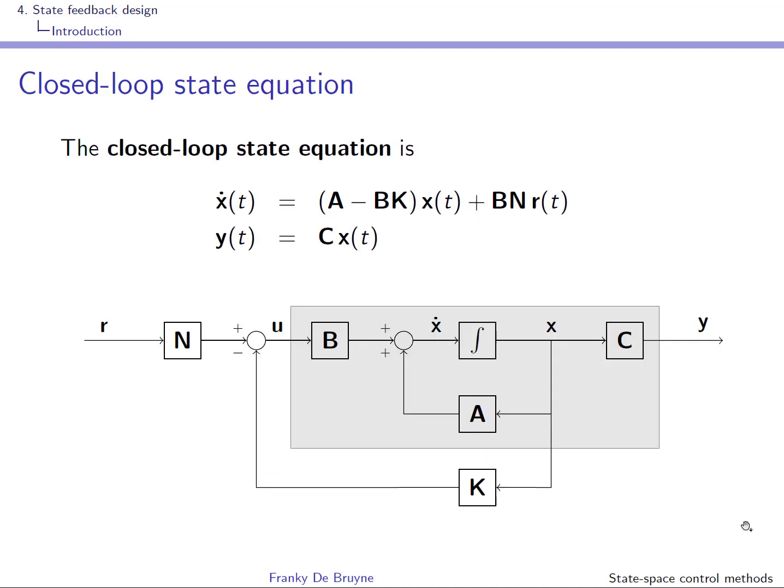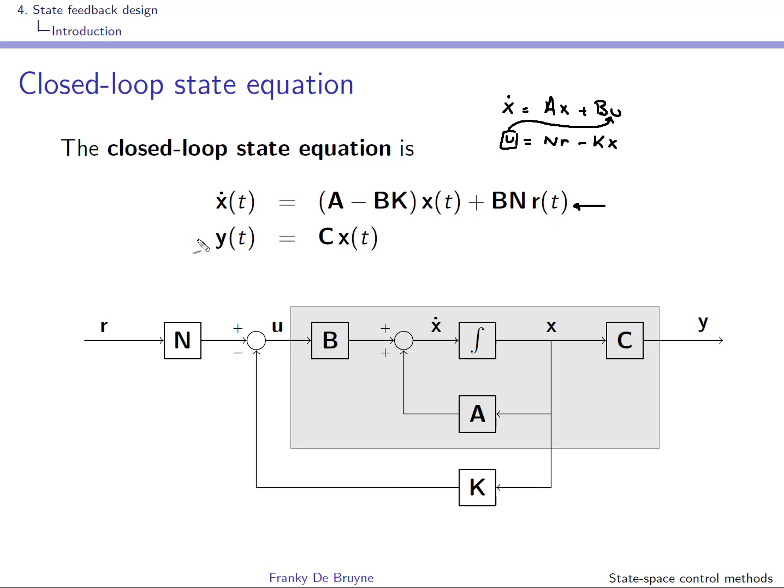So remember that the open loop state equation was x dot is equal to Ax plus Bu, and that we use a control of the type Nr minus Kx. If you inject this one into this one, this is what you will obtain.